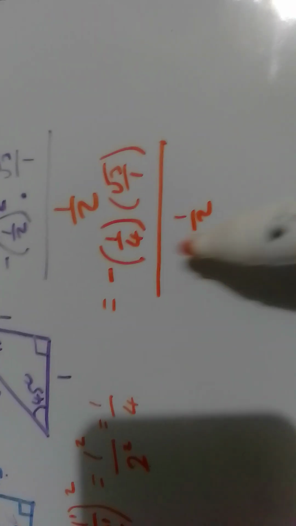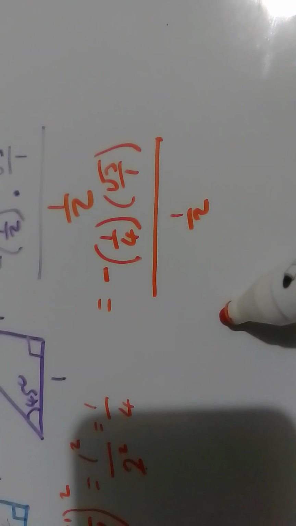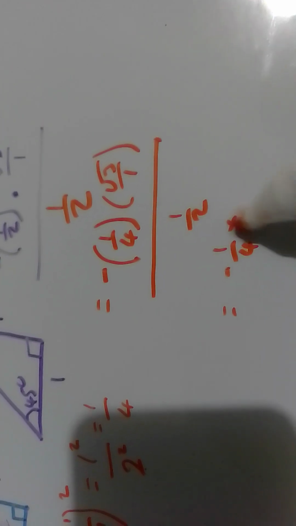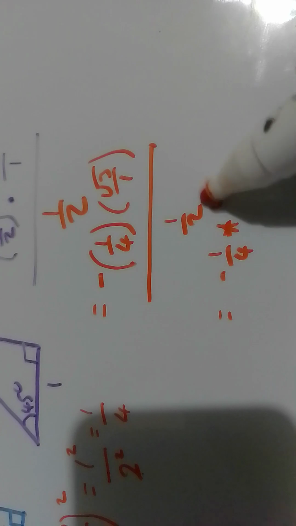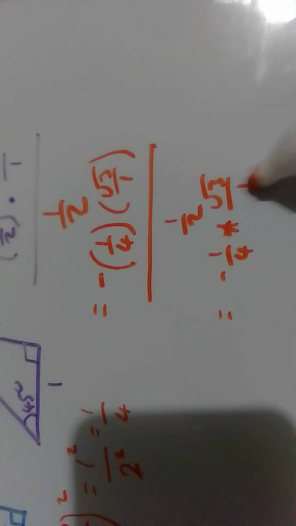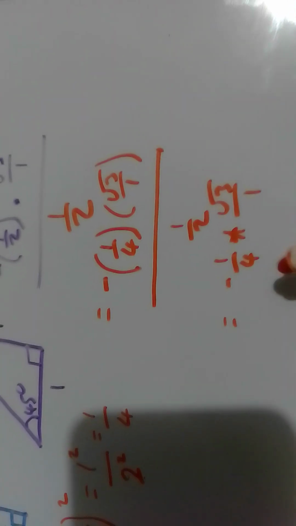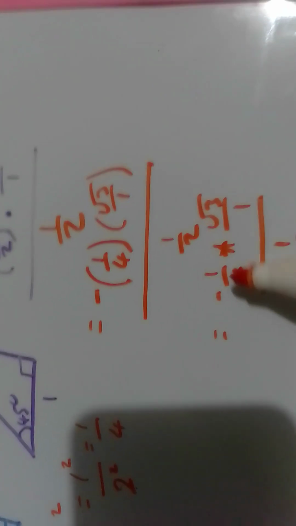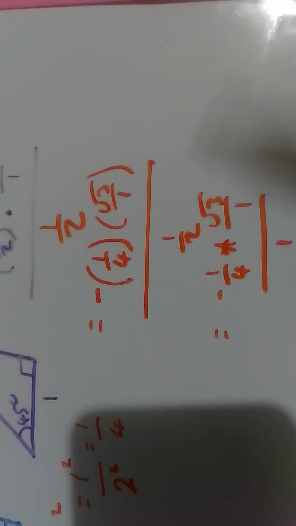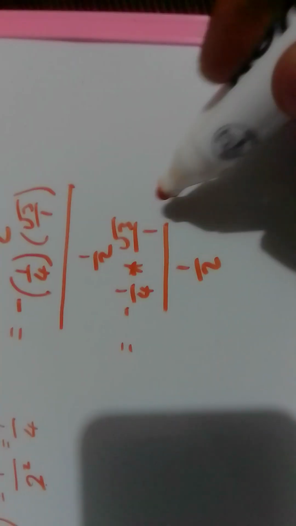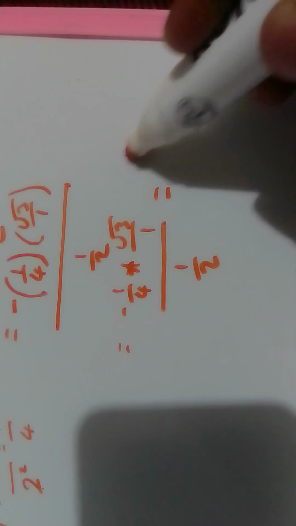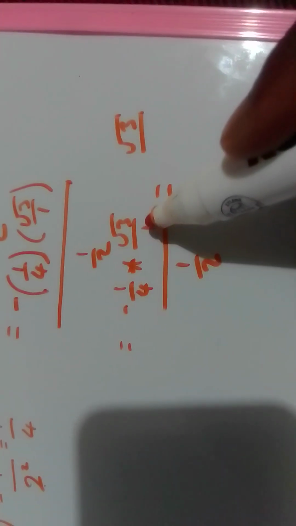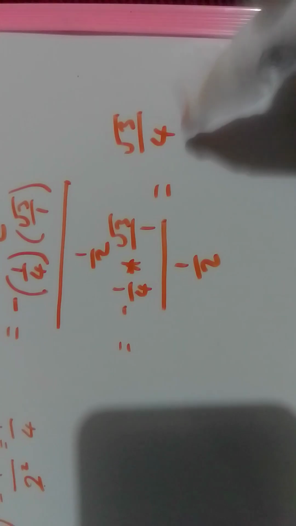The next thing we're going to do: we've got a negative 1 over 4 here, which is multiplying with the square root of 3 over 1, and it is all over 1 over 2. Now when I say 1 multiplied by square root of 3, I know that the answer is square root of 3 over 4 multiplied by 1, which gives me 4.